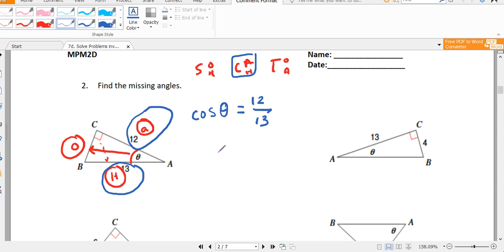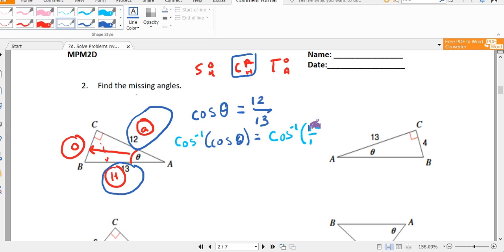Now, how do I find this angle? Well, we'll be using a special function that's called the cos inverse. So what we're doing is finding the cos inverse of cos theta. Okay? Now, of course, what we do to one side, we must do to the other, which means we're going to do cos inverse, a little negative 1 on top, of 12 over 13.